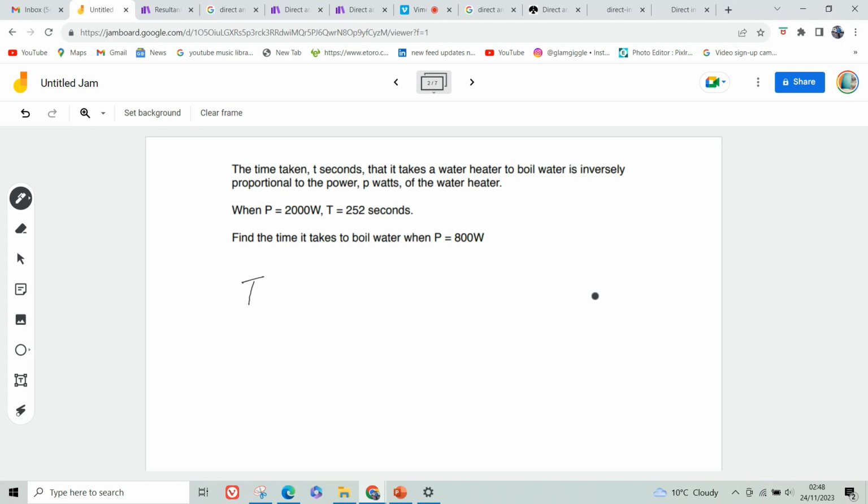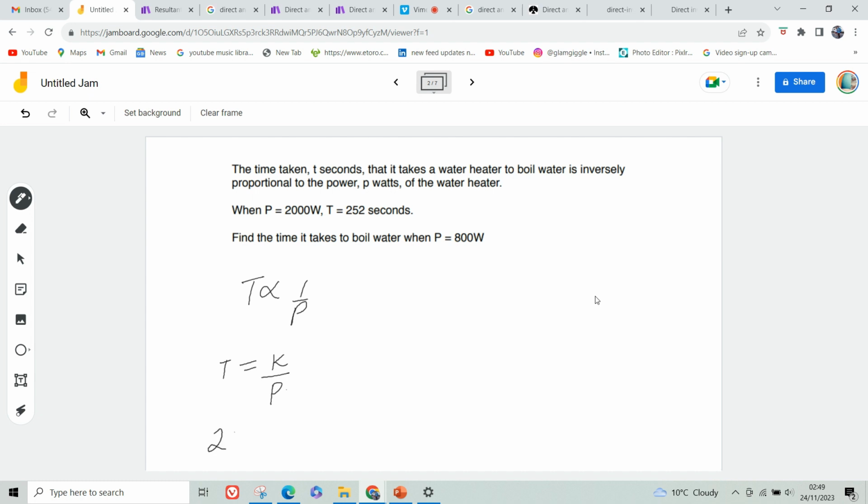Time is inversely proportional to power, so time is equal to K over P. Now, when power equals 2000 watts, the time is 252 seconds. Simply replace power and time to find out K.